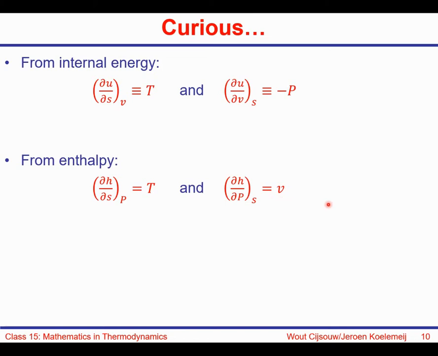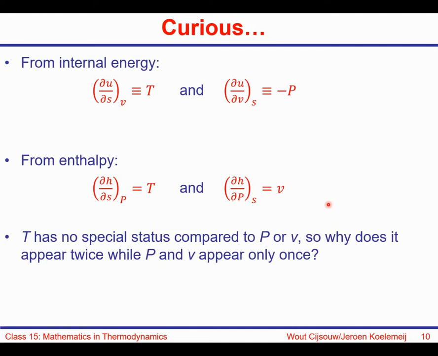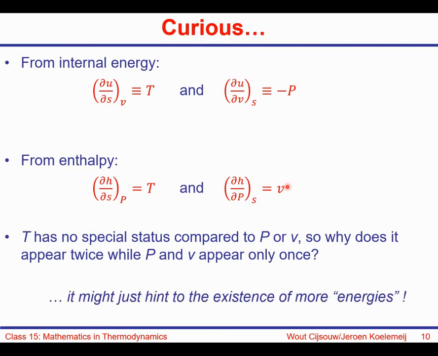Now, if we look at these four expressions, it's very dissatisfying. It's not symmetrical at all. So why does T appear here twice and P only once and V as well? I mean, T has no special status in thermodynamics compared to pressure or specific volume. So why is this happening? Or might this just be a hint that there are more energies like the enthalpy and internal energy, but different ones?